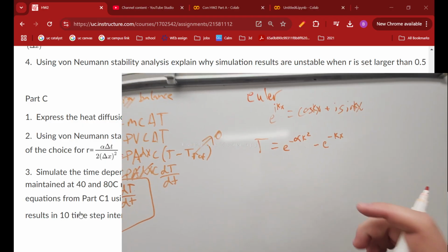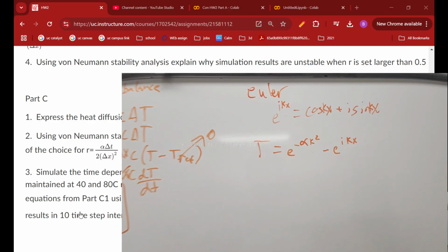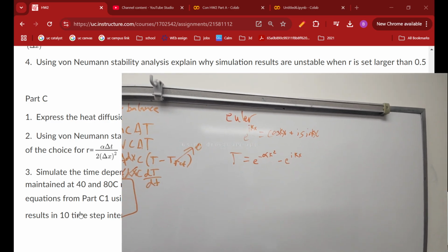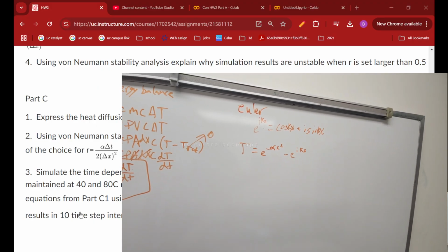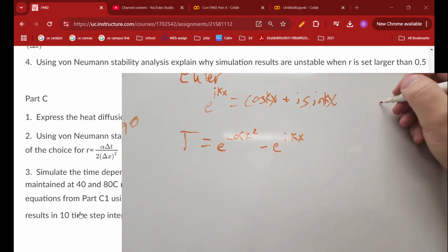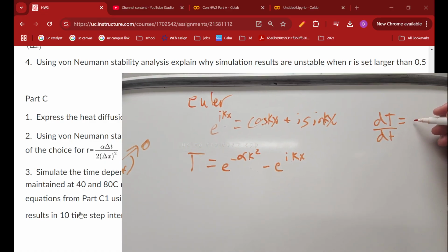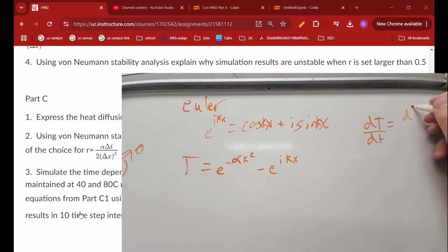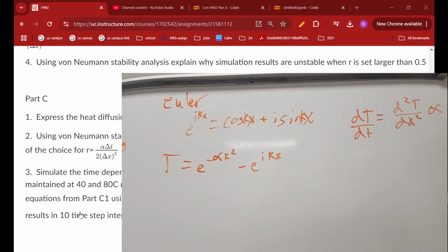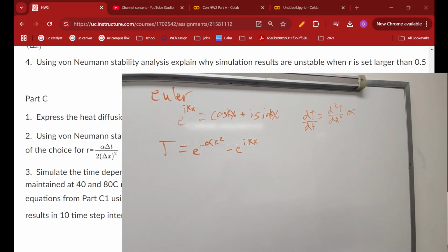Or not negative, ikx. And how that compares to the equation we had earlier, which was times alpha. And that's what we're really looking at right now for this last problem.